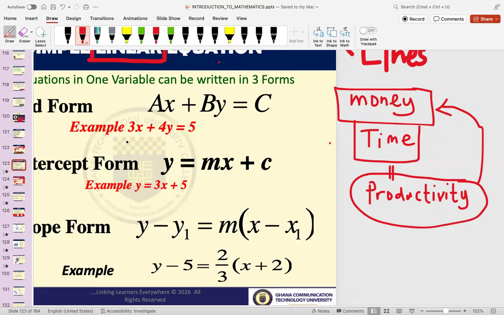So when you want to write it in the form of an equation, you can write it as money is equal to time times productivity plus seriousness.